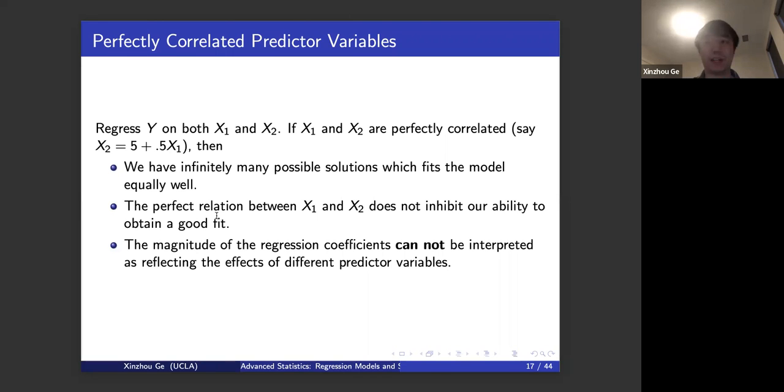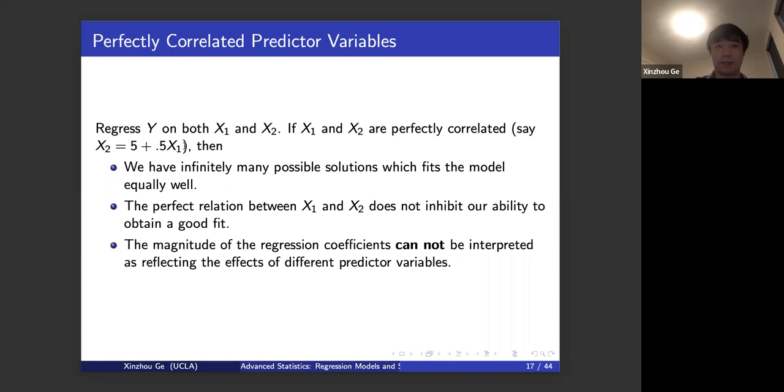If 2 predictors are perfectly correlated, it means that we can use a linear relationship to describe the relationship between one predictor and another predictor without any errors. For example, if x1 and x2 are perfectly correlated, we can write something like x2 equals 5 plus 0.5 times x1.